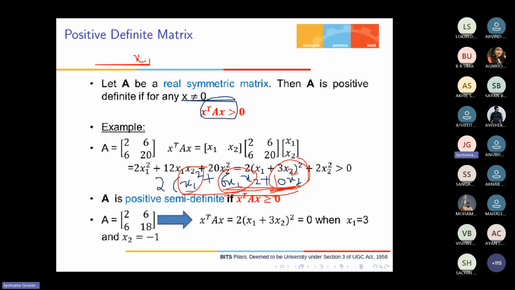You make it a 9. So what will you get here? 2 of x1 square plus 6x1x2 plus 9x2 square, right?